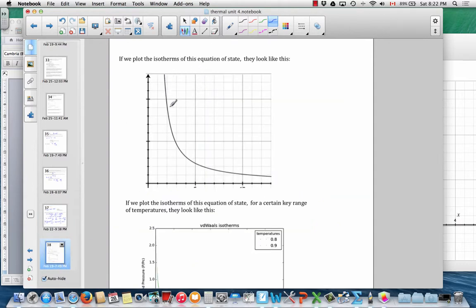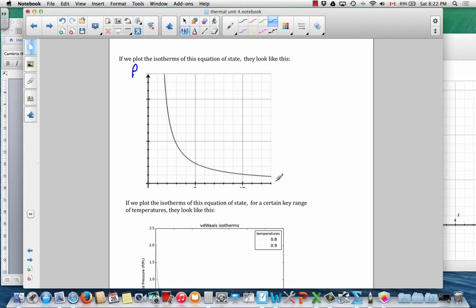If we rearrange and solve for pressure again, we'll get nRT over V minus nB, and then we have that pressure reduction, which is n squared over V squared times A. So it's roughly 1 over V minus a constant, minus some other constant over V squared. Now you see that there's going to be an asymptote here at nB.